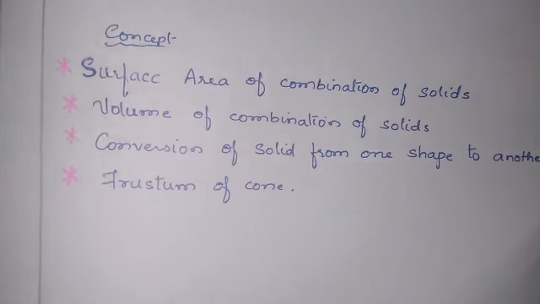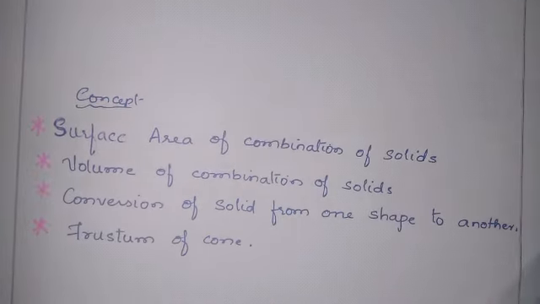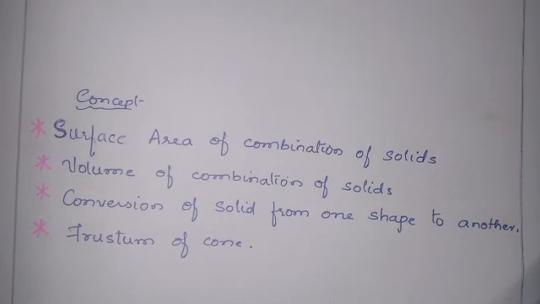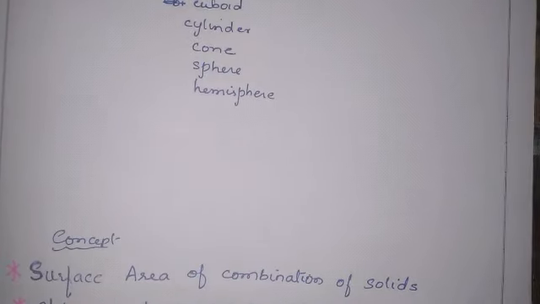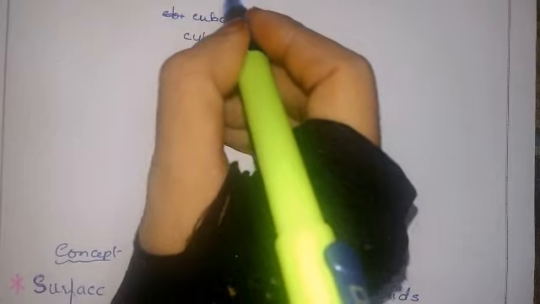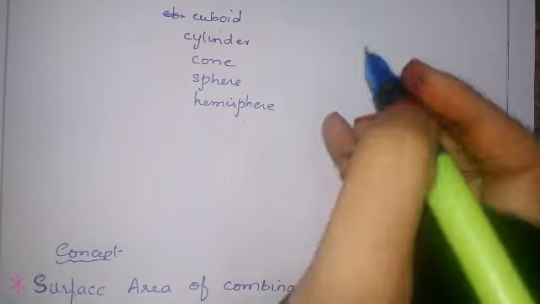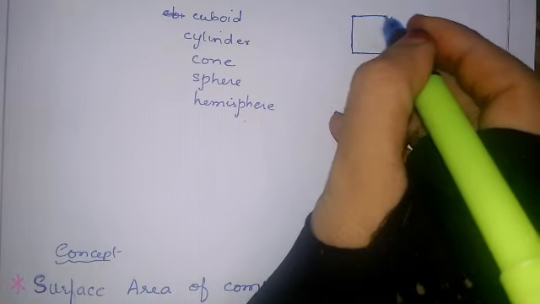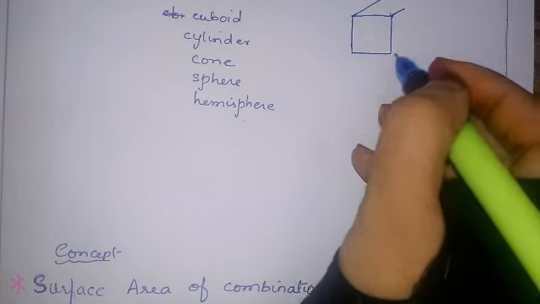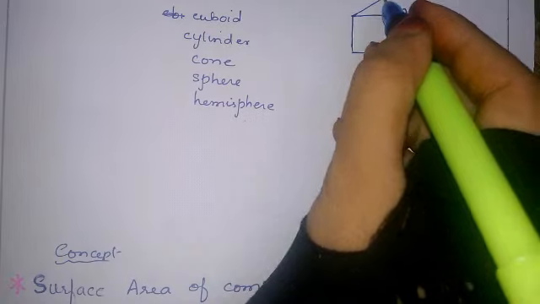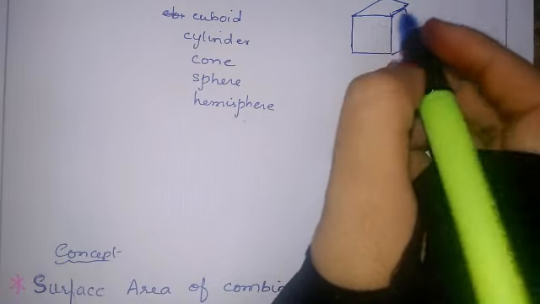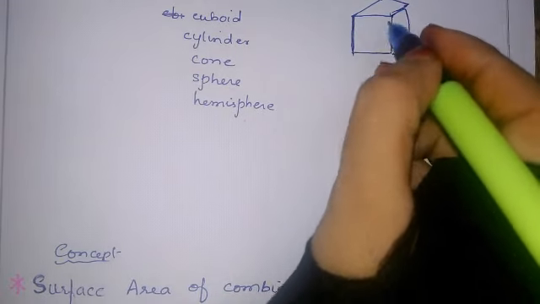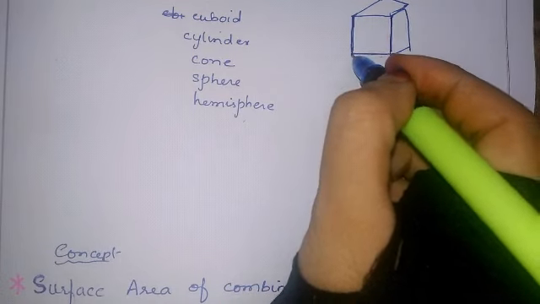But to solve the problems based on this chapter, it's very important to know the formulas. We all have seen a cube, how it will be. For example, I'll draw one cube, in this shape. Here we can see the sides.